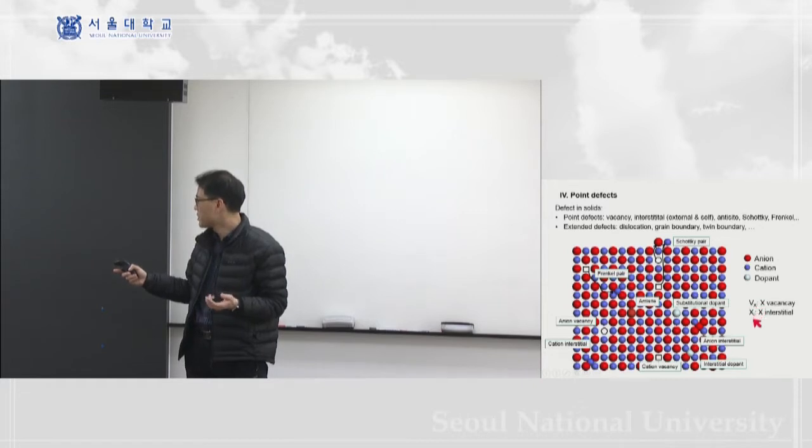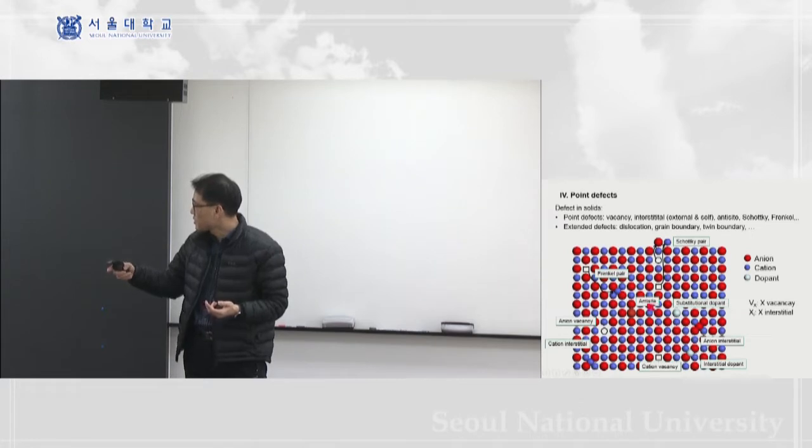And sometimes two atoms, anion and cation, are misplaced. In this case it is called an anti-site. This defect means that originally the site should be taken up by the cation, but here it is an anion, so it is an anti-site of the anion replacing the cation.